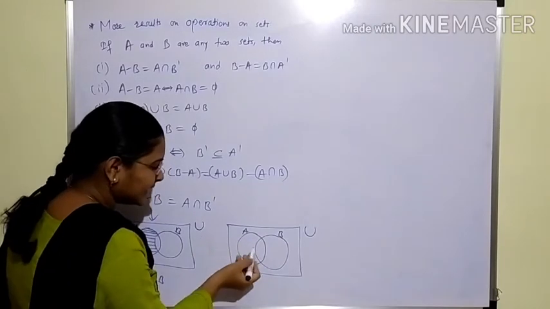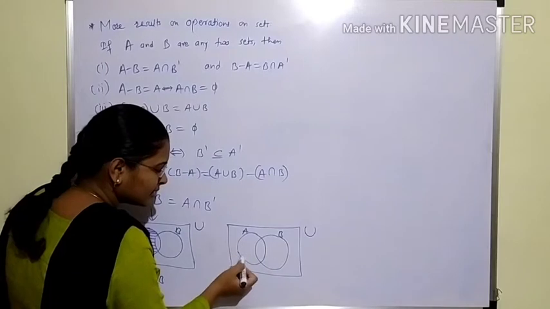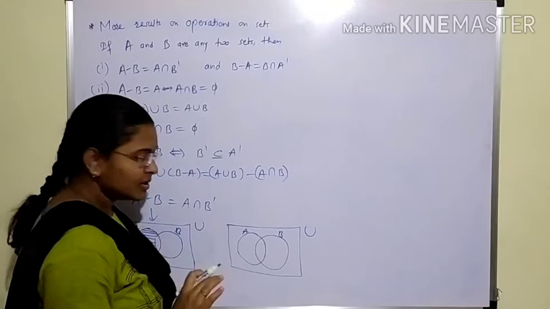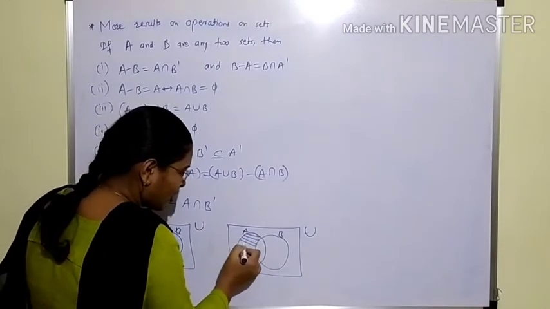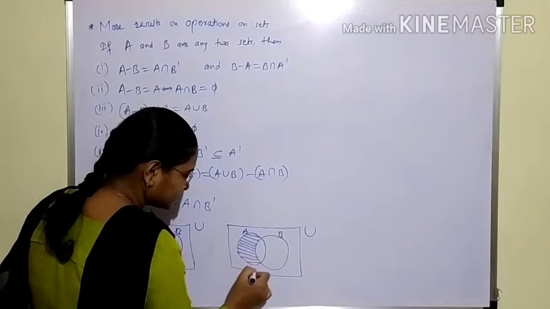Now in set A, only this part is having elements from set B complement. Okay, so A intersection with B complement is nothing but this shaded part.